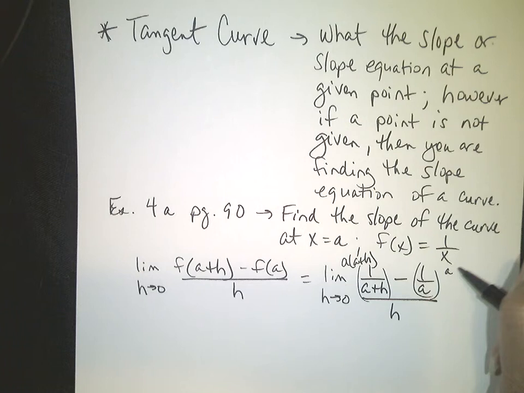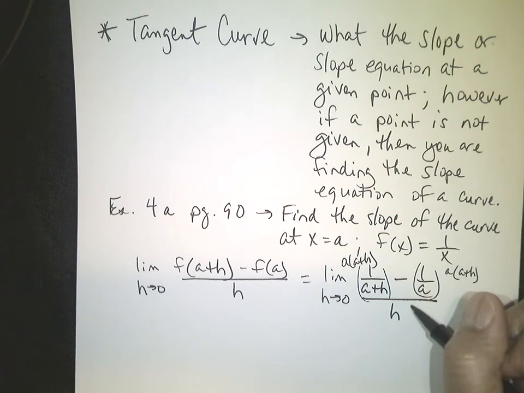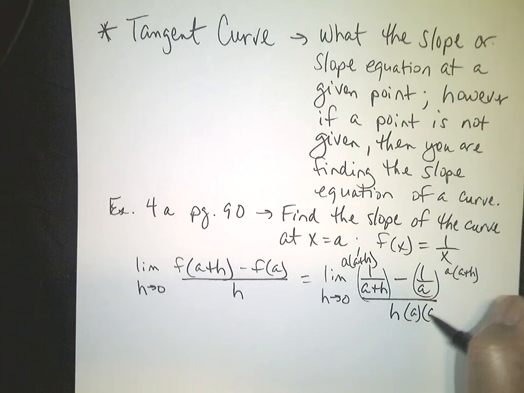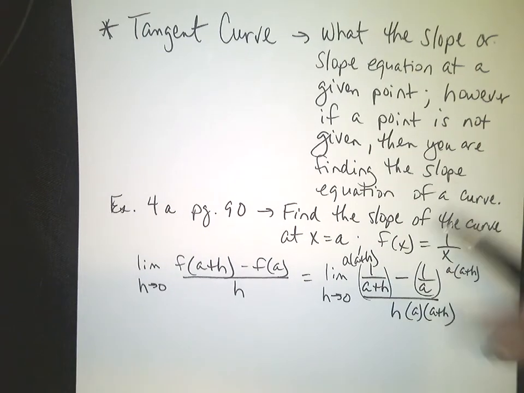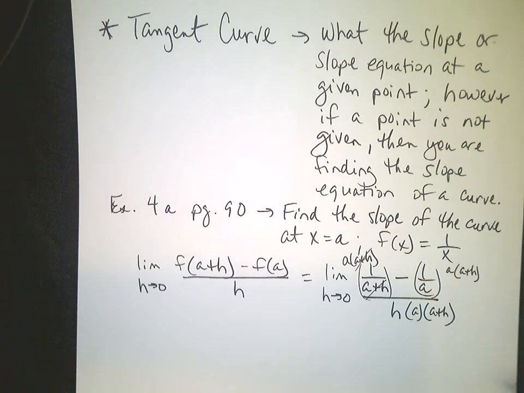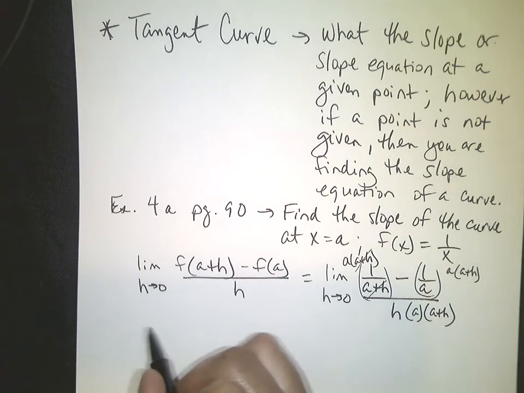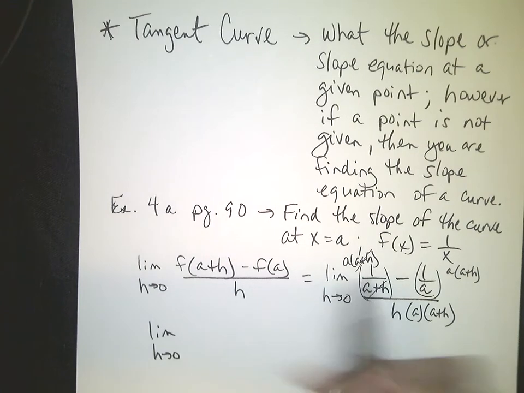This gets a times a plus h, and this gets a times a plus h. And then everything that's the same, you make a 1, and then multiply what's left. A times 1 is left. So we have the limit as h approaches 0 of a times 1, which is a.